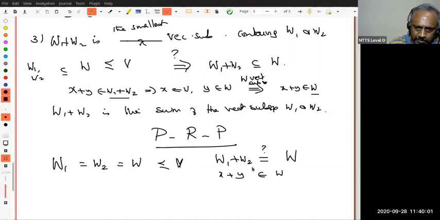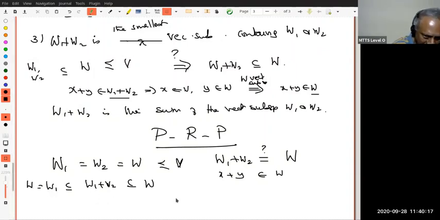W1 plus W2 is contained in W. That's what I have shown. But remember, W1 is contained in W1 plus W2, and W1 equals W. That means equality holds everywhere. Because it's set theory, I have to prove that W1 plus W2 equals W. What I have shown is that W1 plus W2 is a subset of W. But I have to say they are equal.